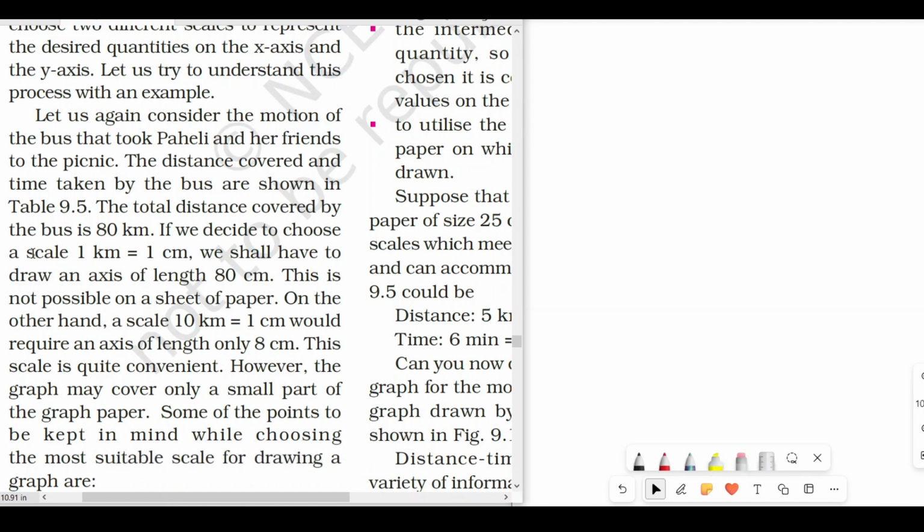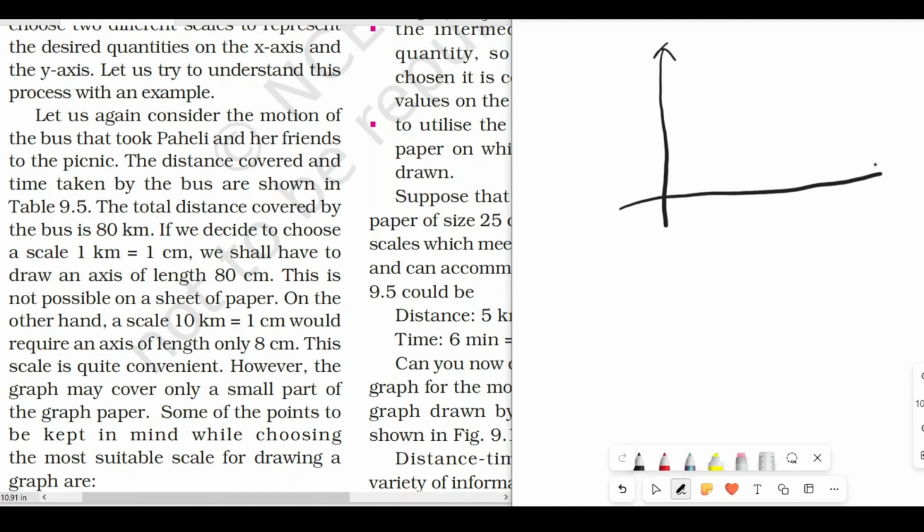If we decide to choose the scale, a scale 1 kilometer is equals to 1 centimeter, we shall have to draw an axis of length 80 centimeters. तो ऐसा क्यों है? मान लीजिए आपने एक स्केल बनाया, आपने एक ग्राफ बनाया, और आपका ग्राफ पेपर कितना है, 20 सेंटीमीटर का या 25 सेंटीमीटर का एक पेज है। अब आपने कह दिया कि 1 किलोमीटर हम 1 सेंटीमीटर से रिप्रेजेंट करेंगे। तो 1 सेंटीमीटर आपने मार्क कर दिया 1, फिर नेक्स्ट सेंटीमीटर आपने मार्क कर दिया 2, and this is in kilometers. लेकिन यहाँ पे बस कितना जा रही है, 80 किलोमीटर। तो आपको कहाँ तक जाना पड़ेगा, 80 सेंटीमीटर तक जाना पड़ेगा 80 किलोमीटर दिखाने के लिए। लेकिन आपका ग्राफ पेपर तो है सिर्फ और सिर्फ 20 सेंटीमीटर का या 25 सेंटीमीटर का। तो अब आप क्या करोगे?